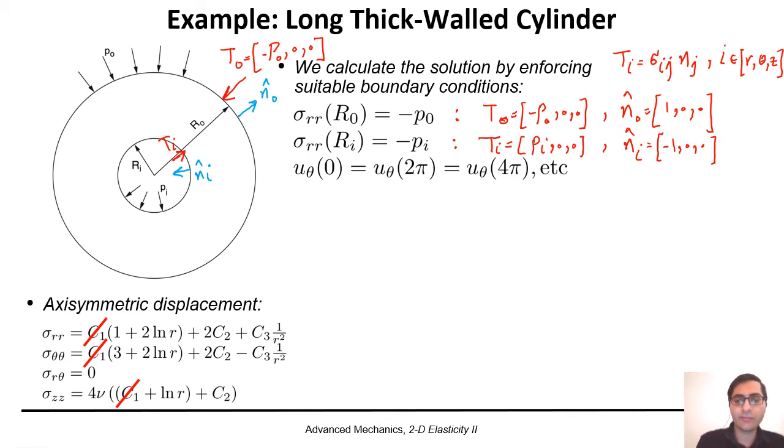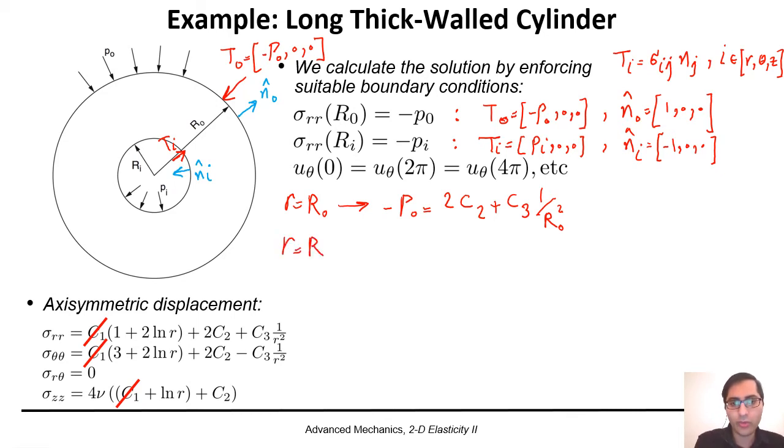For the case of R equal to RO, we get sigma RR at RO is minus PO, and we just substitute R equal to RO into the sigma RR relation, and we get 2C2 plus C3 multiplied by 1 divided by RO to the power of 2. And you see that there is no C1 there.